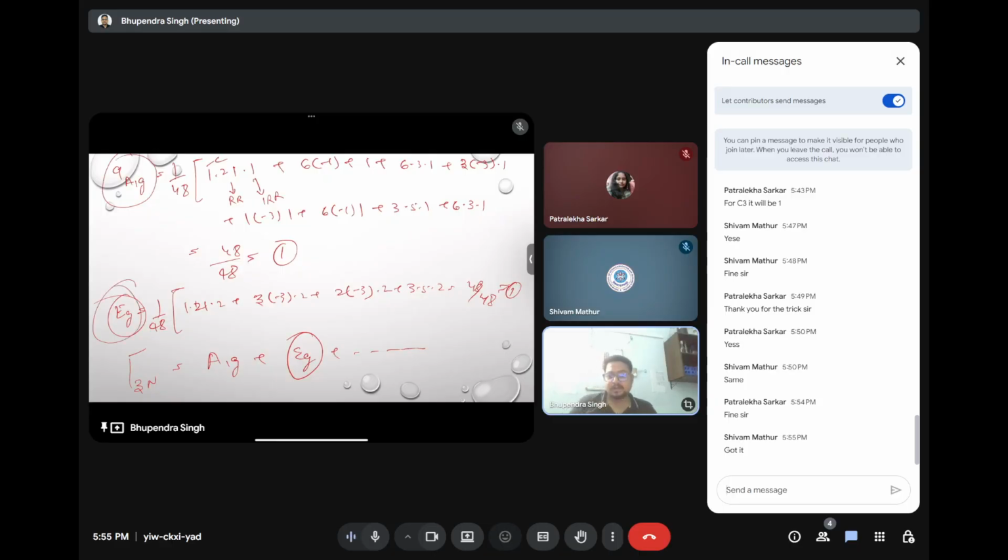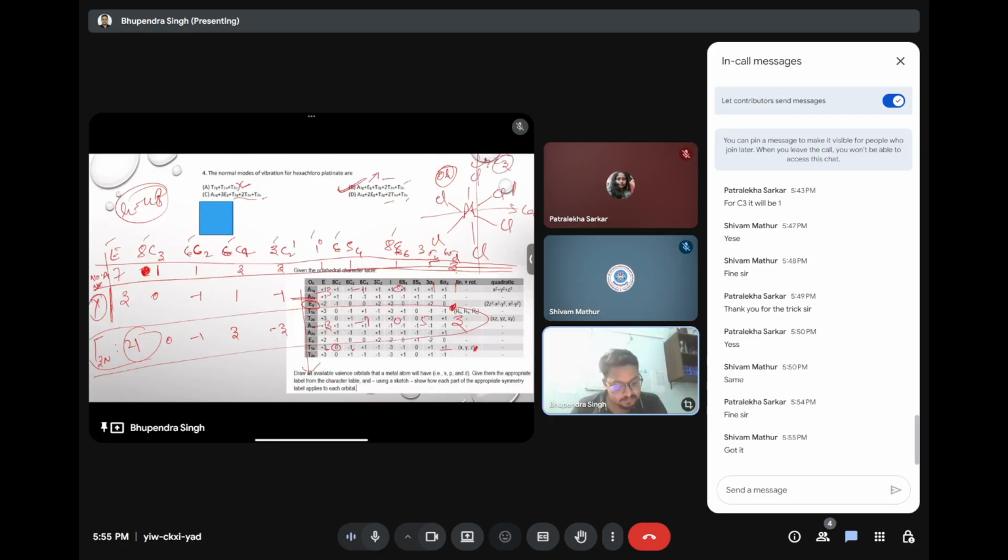Then you can find out the total number of modes, translational, rotational. Then you can subtract the translational and rotational by looking at the character table. These are your rotational, these are your translational. So minus these, you will get the vibrational modes.